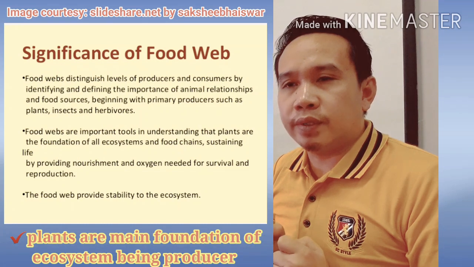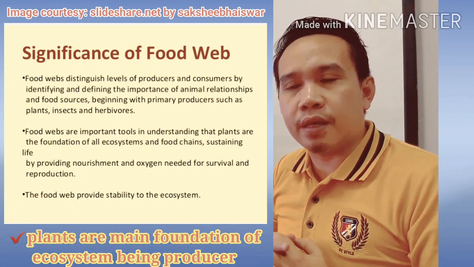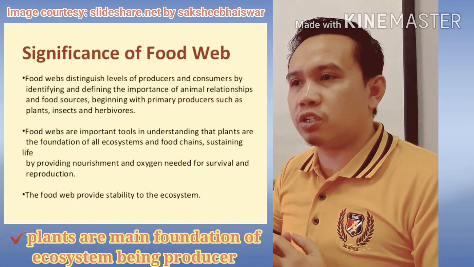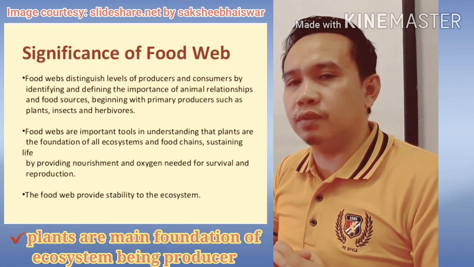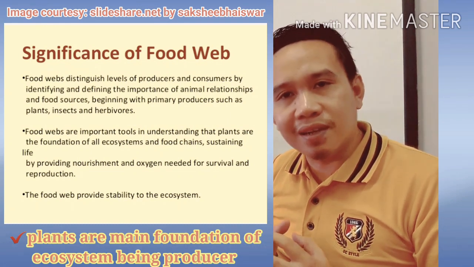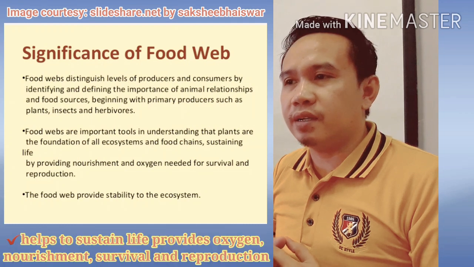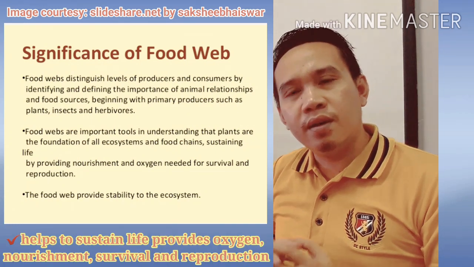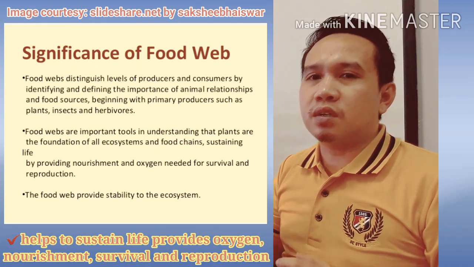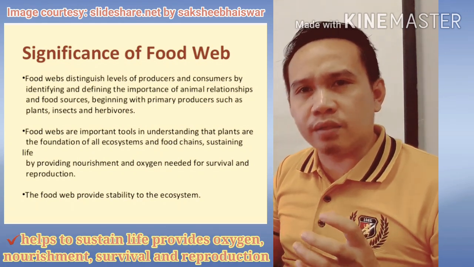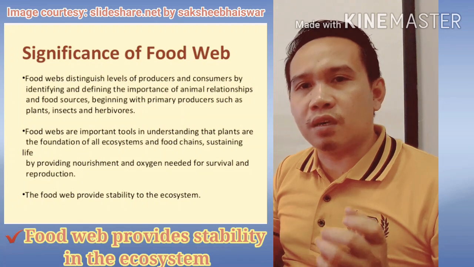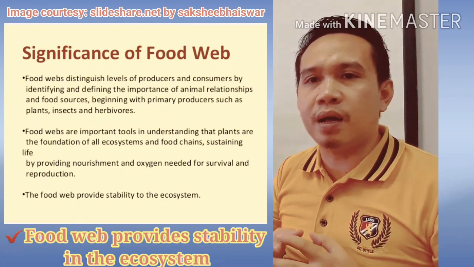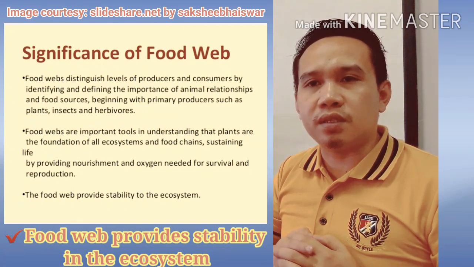Food webs are important tools in the understanding that plants are the foundation of all ecosystems and food chains, sustaining life by providing nourishment and oxygen needed for survival and reproduction. So food web provides stability to the ecosystem, so it creates balance of the ecosystem.